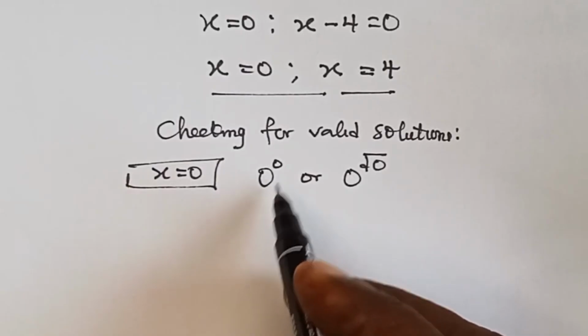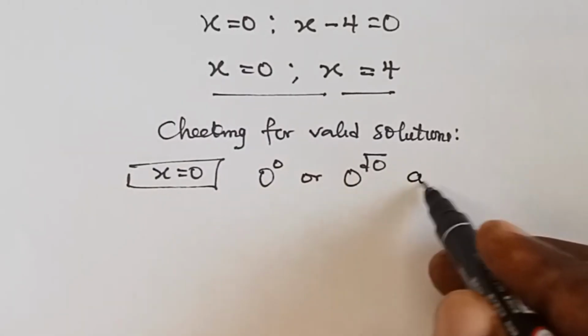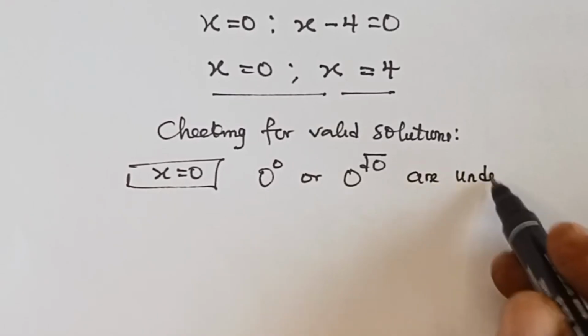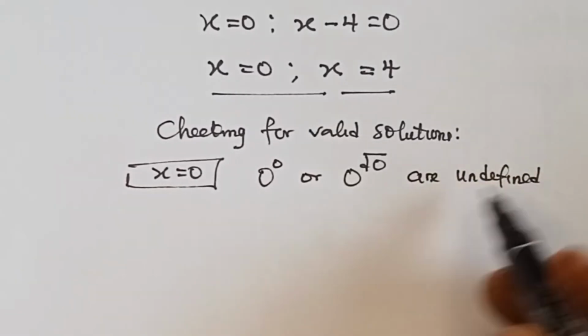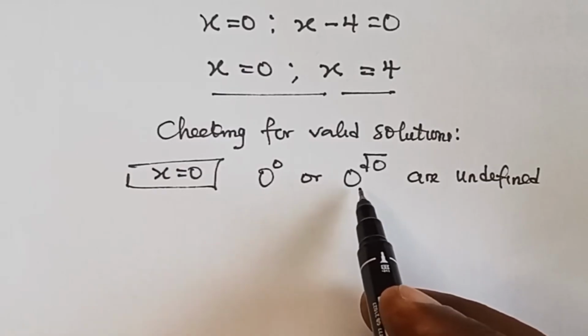So 0 raised to power 0 or 0 raised to power root 0 are undefined. So that makes x equals 0 invalid.